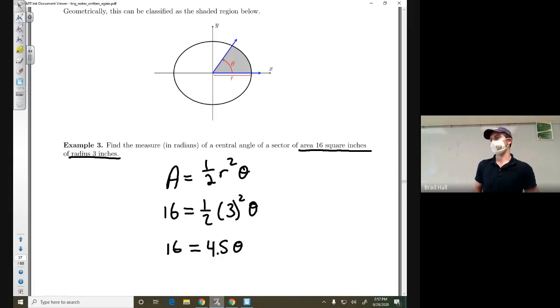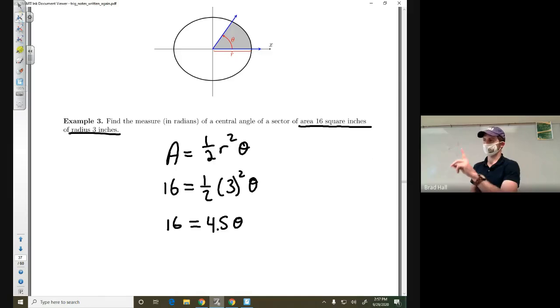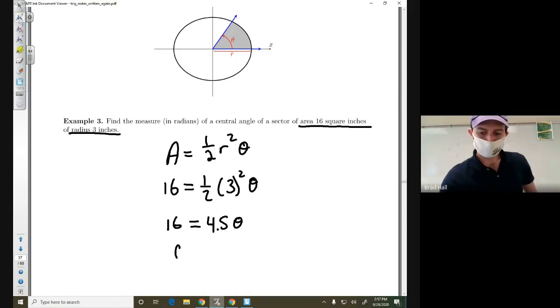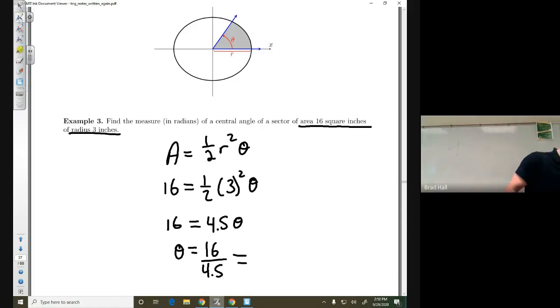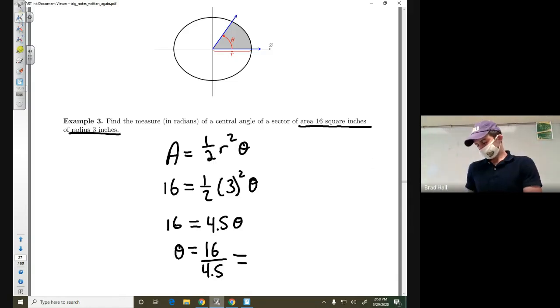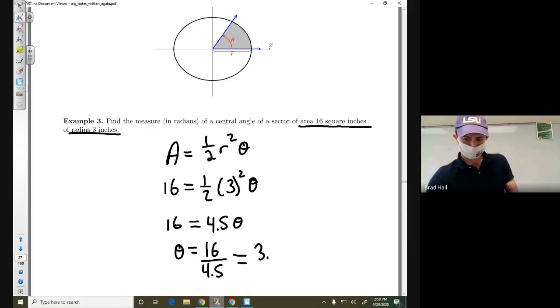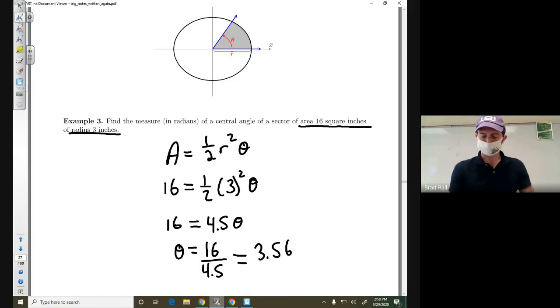Really, 1/2 times 3 squared. 3 squared is 9. 9 times 1/2 should be 4.5. Cool. And then from there, all we have to do is one more thing. And 2 decimal places, that's fine.